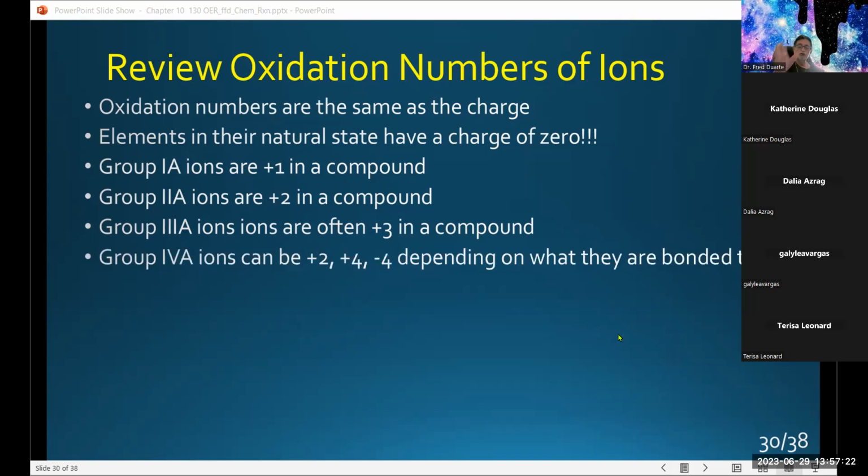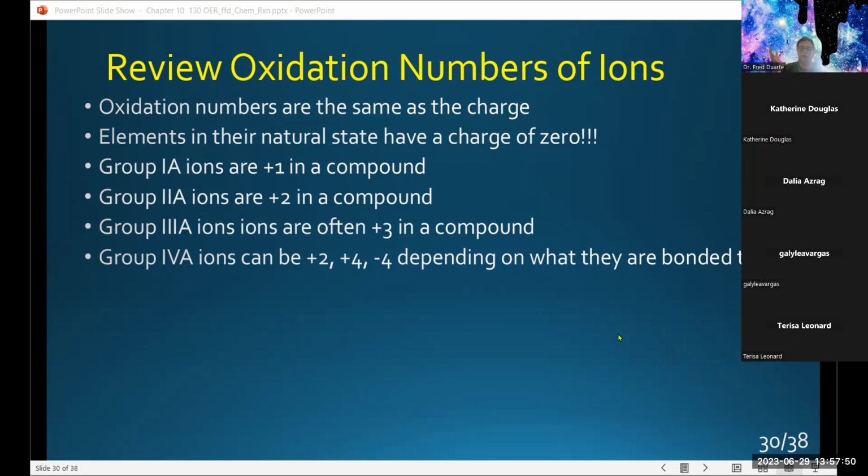Now, with respect to group 4, to refresh your memory, they have 4 valence electrons. That's the group where carbon is. From an energy perspective, losing 4 electrons or picking up 4 electrons takes about the same amount of energy. So they have the capability of losing all 4 or gaining 4.